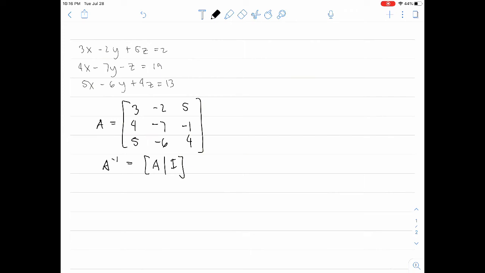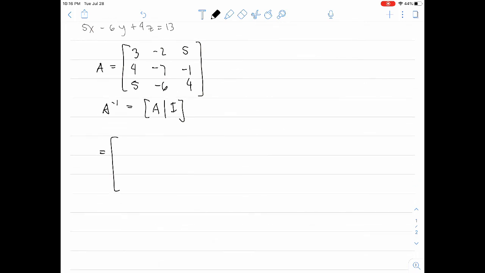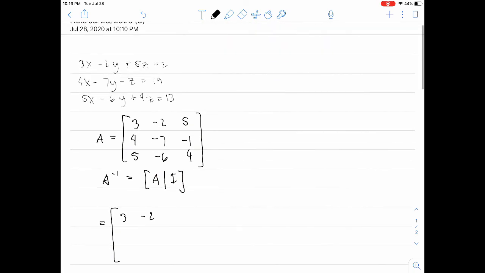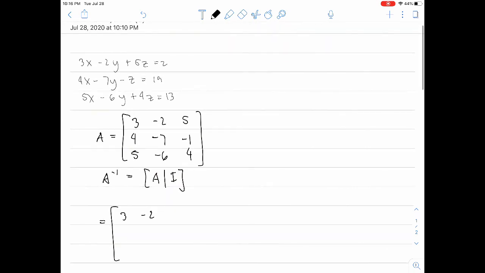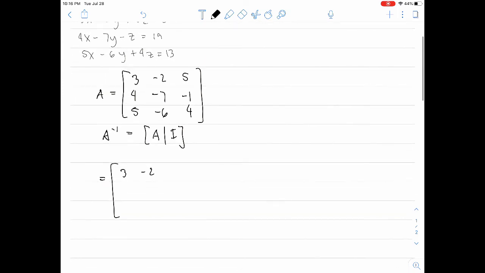Therefore, it's just A, kopyahon lang, kana 3, negative 2, 5, 4, negative 7, 1, 5, negative 6, 4. Okay.